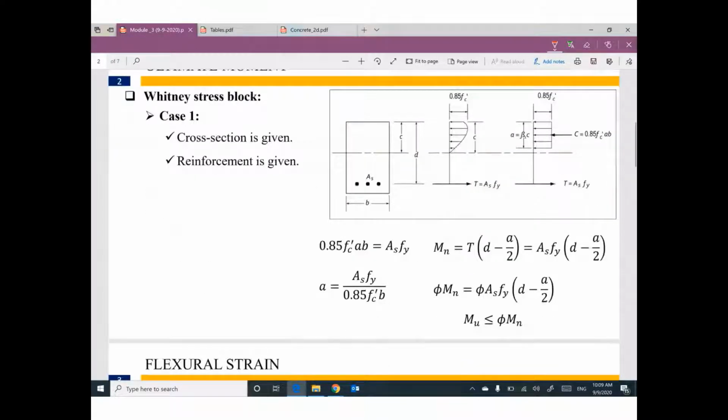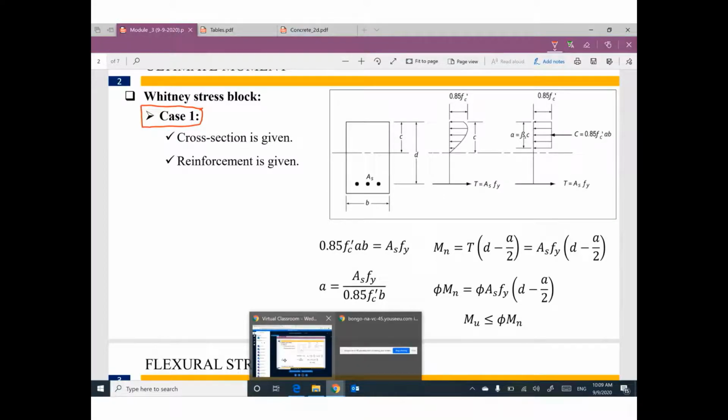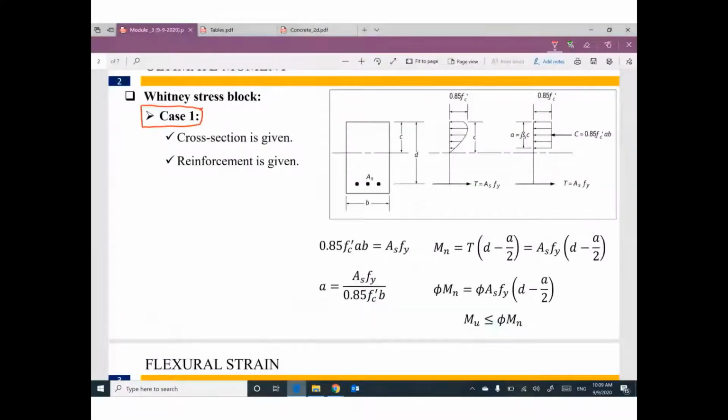We have the first case in design. What is the first case in your design? We have a cross section that is given. Next week, I will let you know how to assume this cross section, B and T. What is the value of B?